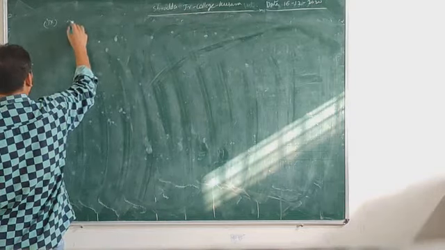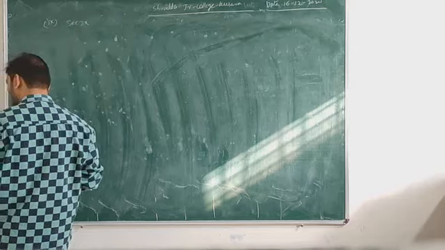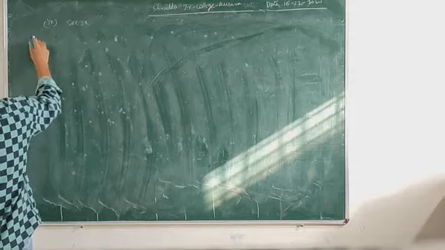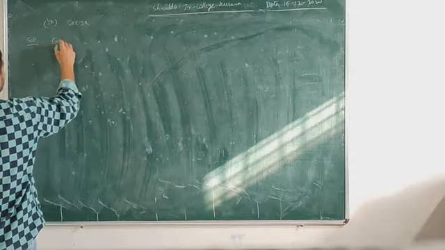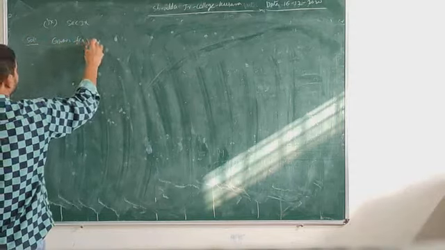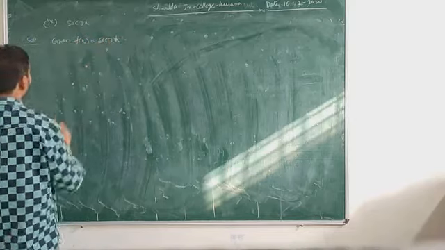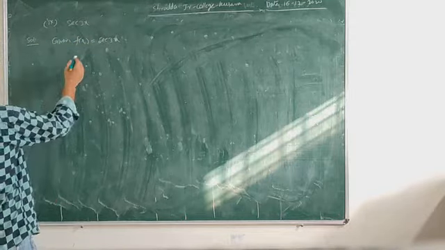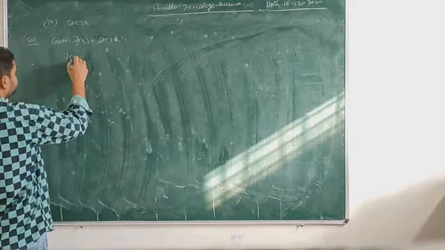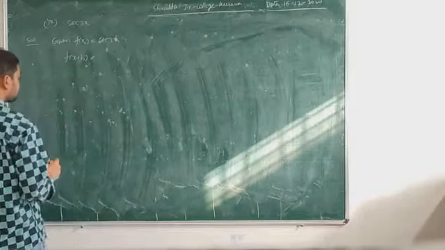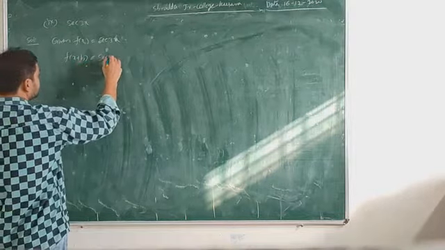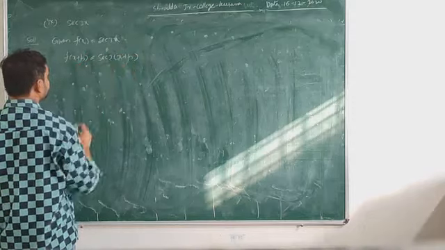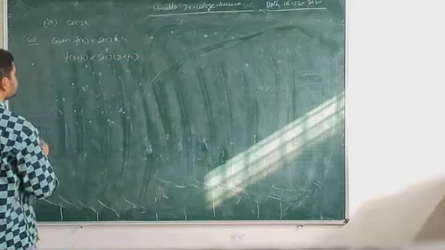Problem number 9, that is secant 3x. What is given here? f of x equals secant 3x. Now f of x plus h means secant 3 into (x plus h).